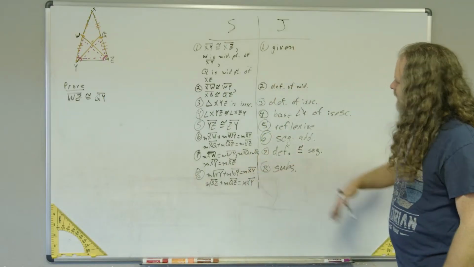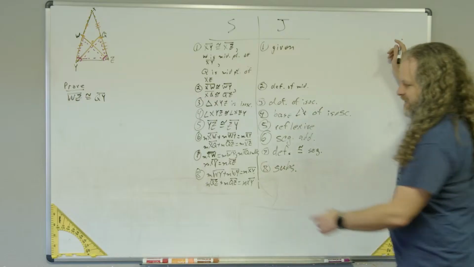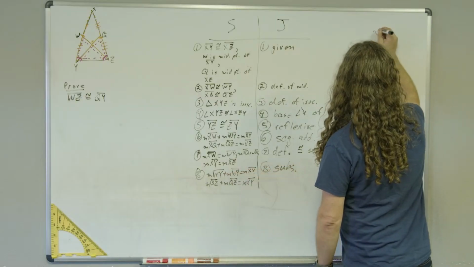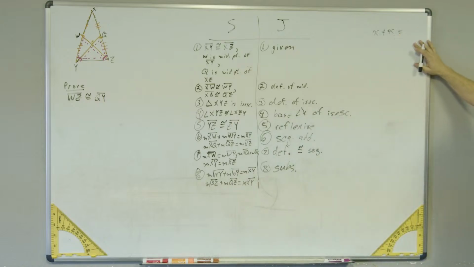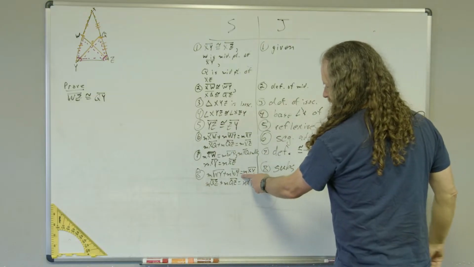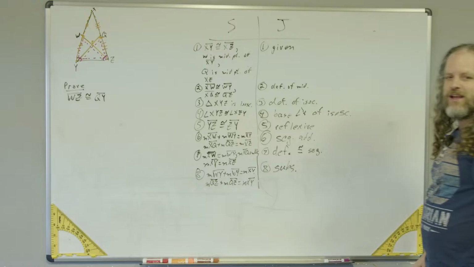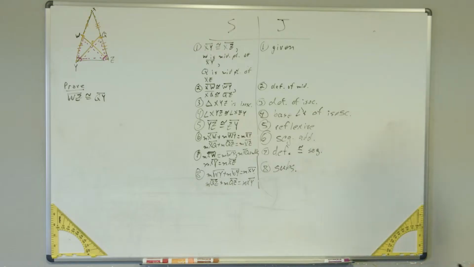Now remember that these are the same, right? So we've got x plus x equals something else. What can we do with those x's? 2x. We can do the same thing here. The measure of XY is just a really ugly x, right?